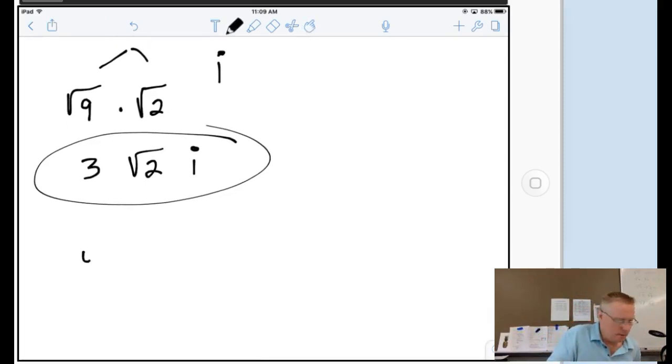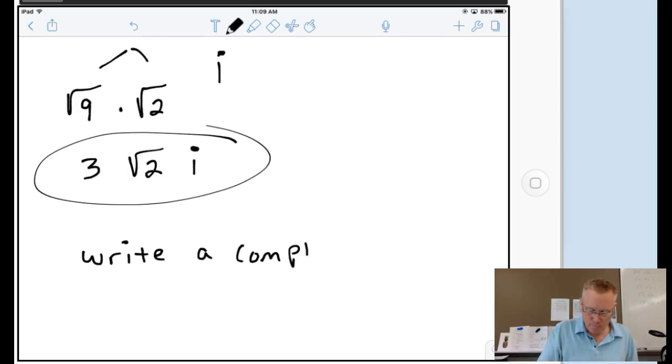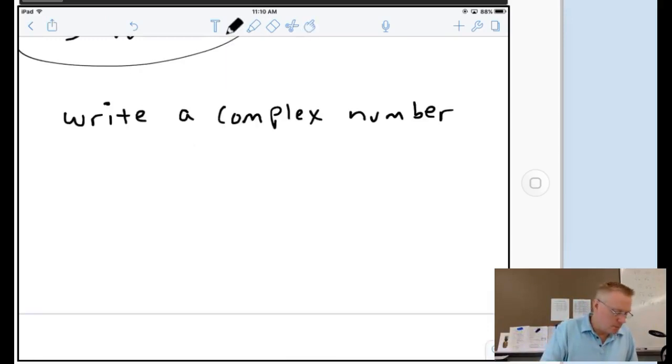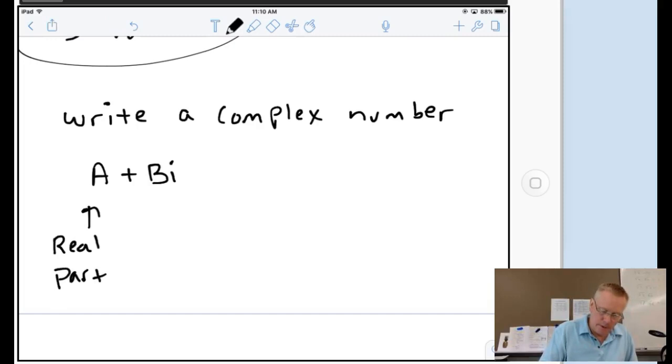Next has to do with writing a complex number. And a complex number is one that's got a real part and an imaginary part. So for example, they go a plus bi, and this will be the real part, and the one with the i is the imaginary part.